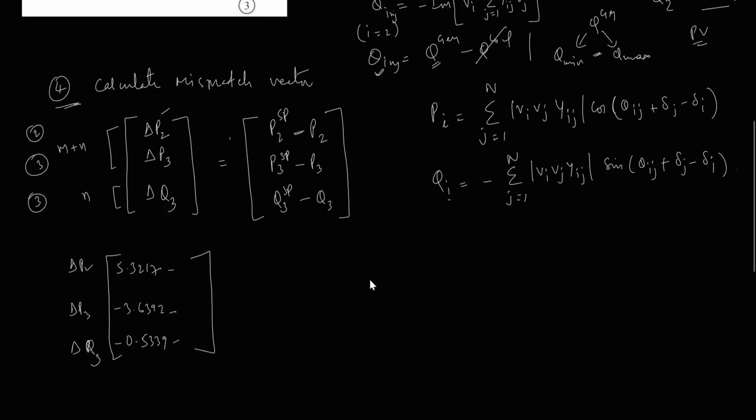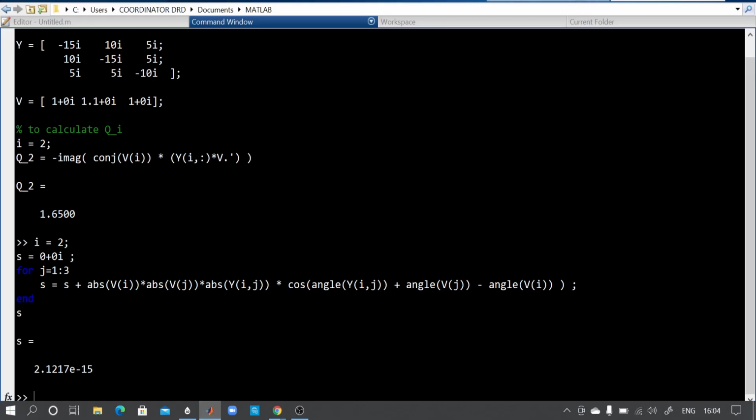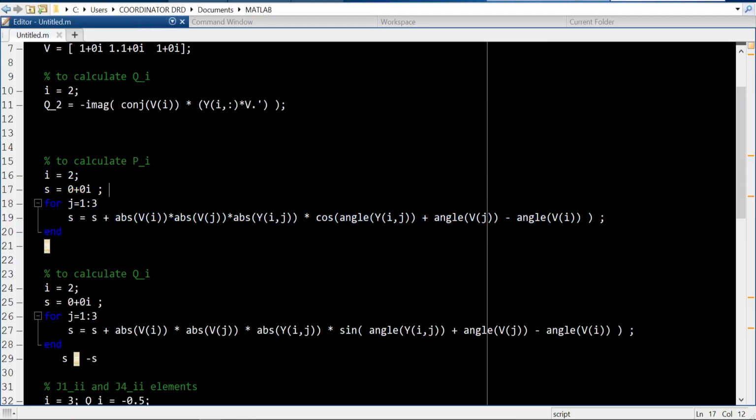So this P2 is very close to 0. Let me write here P2 is equal to 0. P3 I have to calculate, and Q3, let me calculate Q2 also. Similarly, if I substitute i equals 3, then I am referring to bus 3, and j is running from 1 to 3, that is summation Vi, Vj, Yij cos of theta ij plus delta j minus delta i.